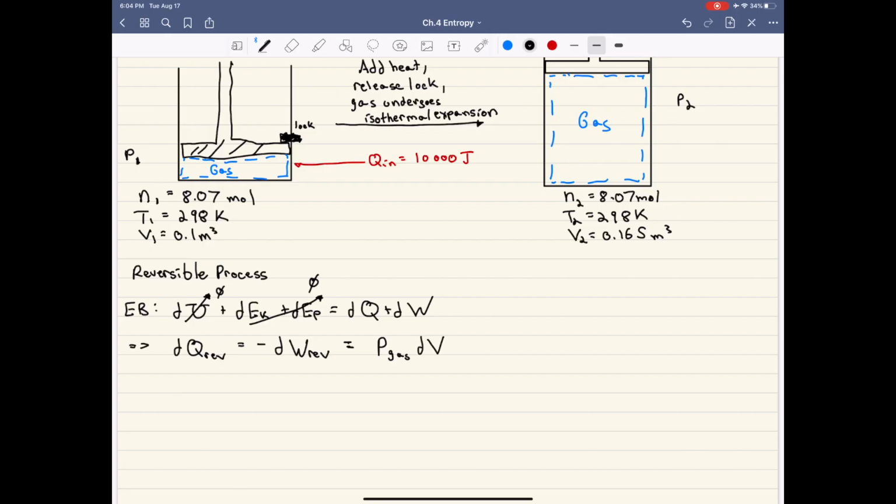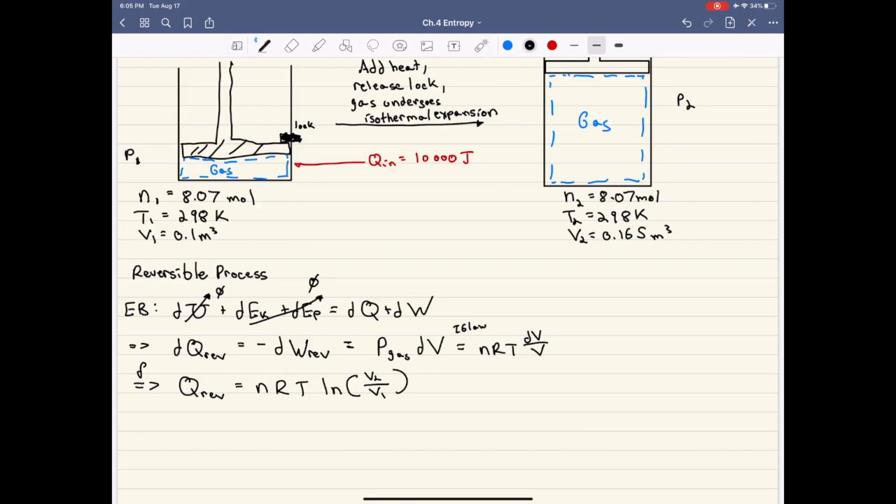And if we apply the ideal gas law, then we have this equation. All right, and so then if we integrate, what we get is that the Q reverse is equal to nRT ln of V2 over V1.